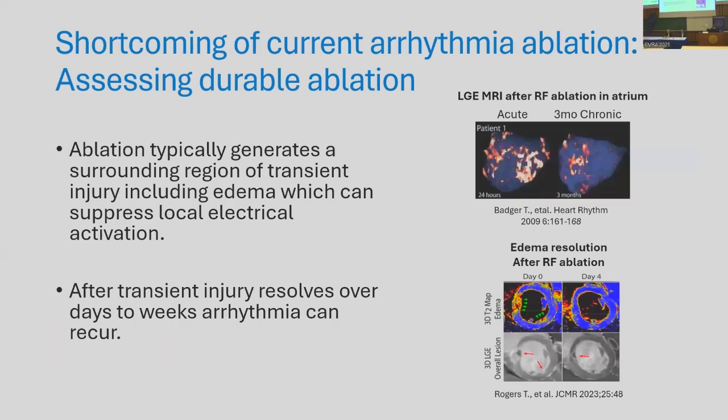Another shortcoming of current arrhythmia ablation is the limited current ability to assess durable ablation. I'll defer some of this discussion to Dr. Wright's talk. We'll go into this in more detail for the ventricle.